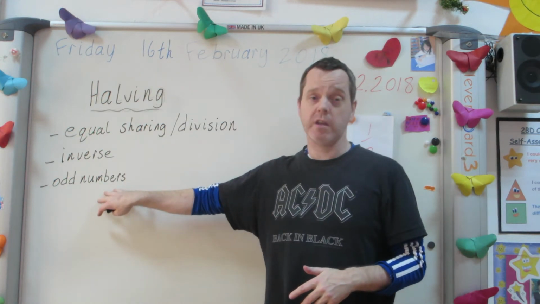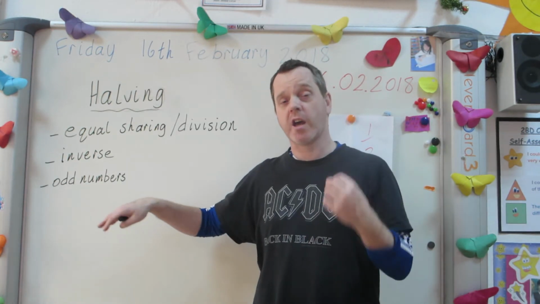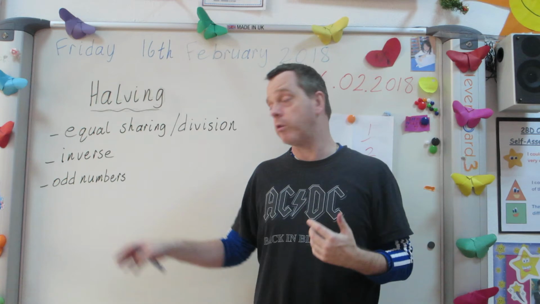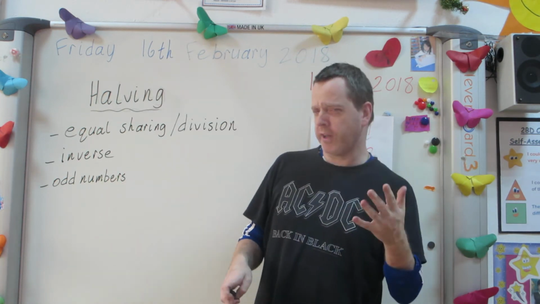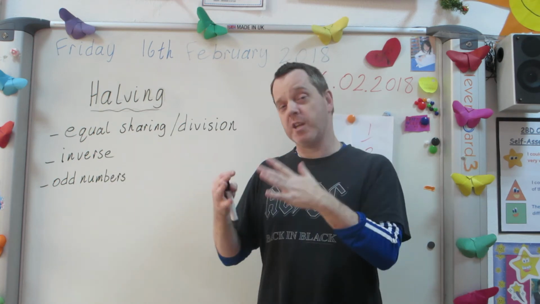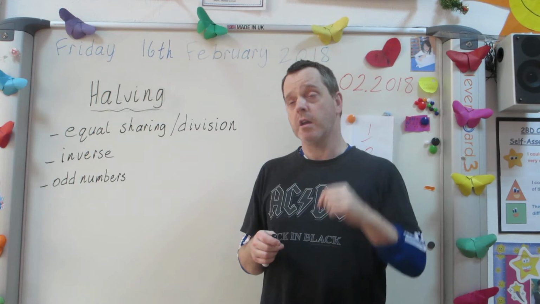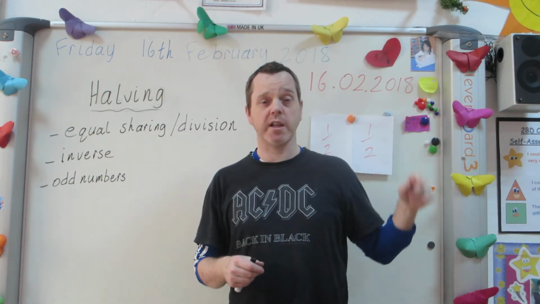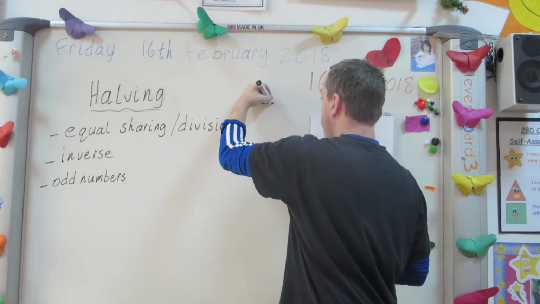For halving, at this time, we are saying, you can't have odd numbers. Of course, that's not quite right, but at this time in year 2, it's what we are saying. There are some children in the class who have some understanding of 0.5.